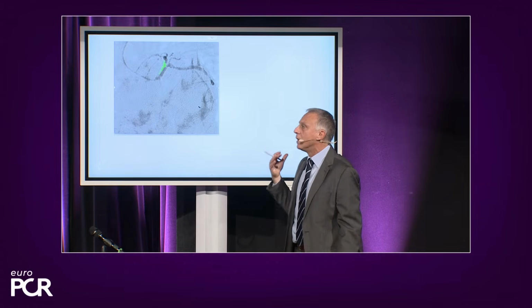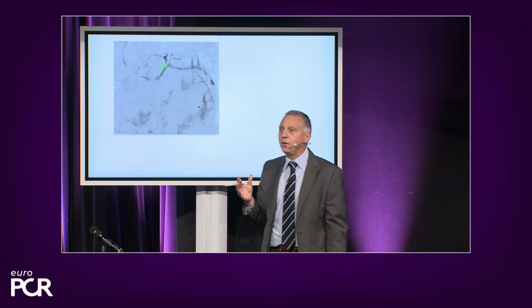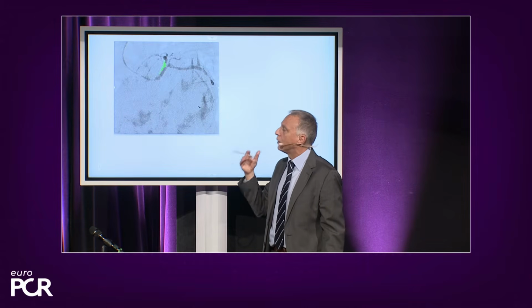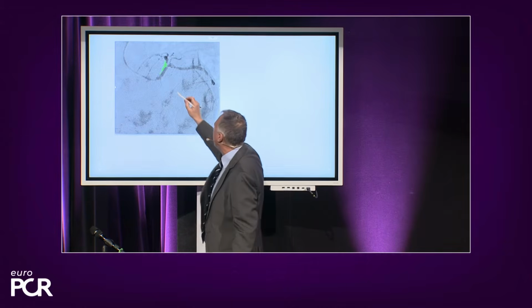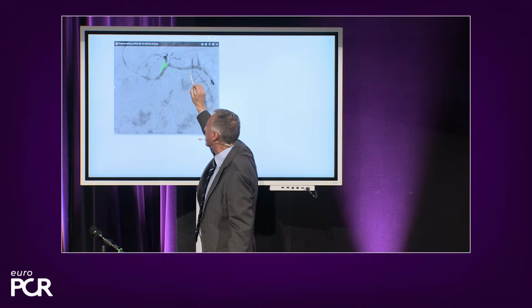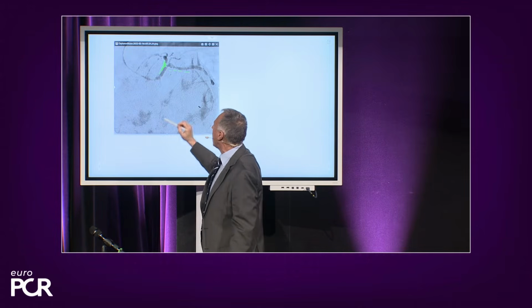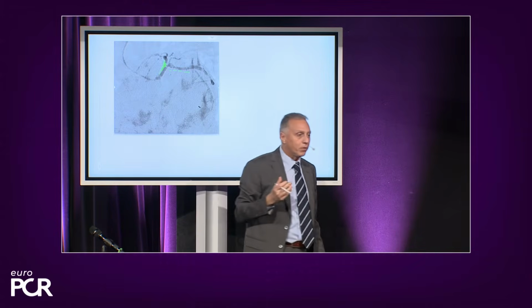This is very important because if confirmed by intravascular imaging, it can increase the potential to have few risk of complications into the circumflex, and it can really be an anatomy very suitable for provisional.